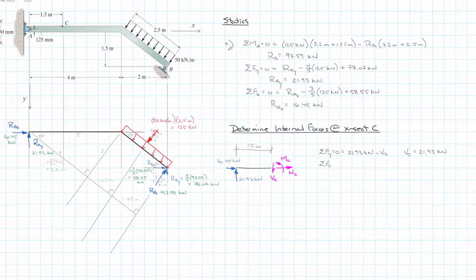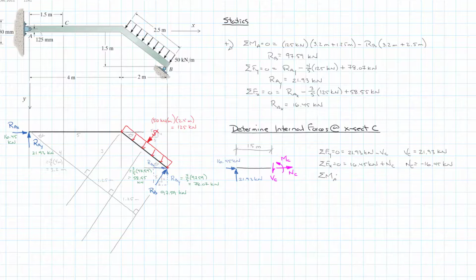And we can do the sum of the forces in the x direction equals 0. So that's 16.45 kilonewtons plus N sub C. So our normal force is equal to minus 16.45 kilonewtons.